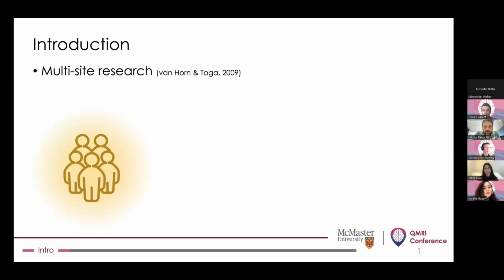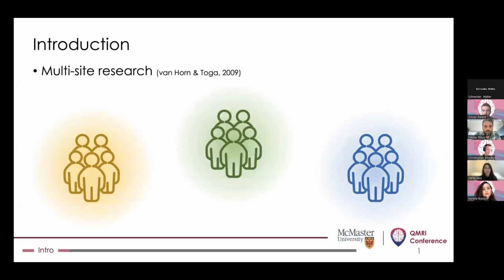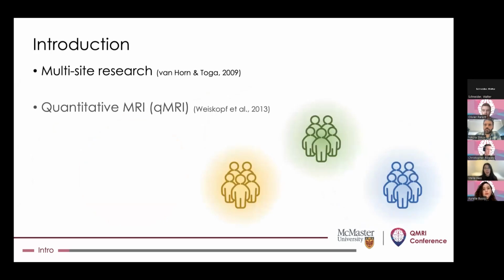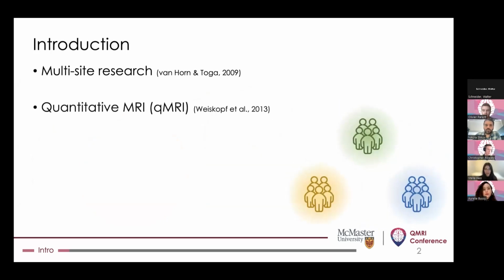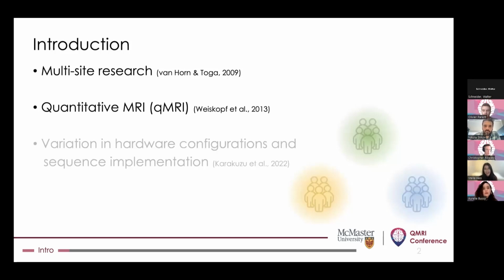So multi-site research can help increase a study's statistical power and ecological validity, as we can recruit participants from larger and more diverse samples across sites simultaneously. And quantitative MRI techniques have made these multi-site neuroimaging studies more feasible by providing standardizable metrics that are comparable across different sites, theoretically.